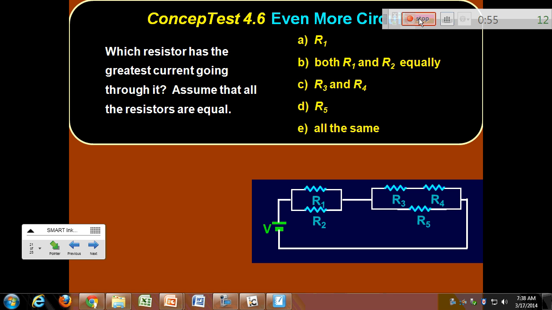You want to think about how your current splits up as it goes through here. So if my current comes here, it's going to split in a particular way, and then it's going to come back together over here, and then over here, it's going to split in particular ways. So think about how that current splits for these different pairs of resistors. R1 and R2, R3, R4, and R5.